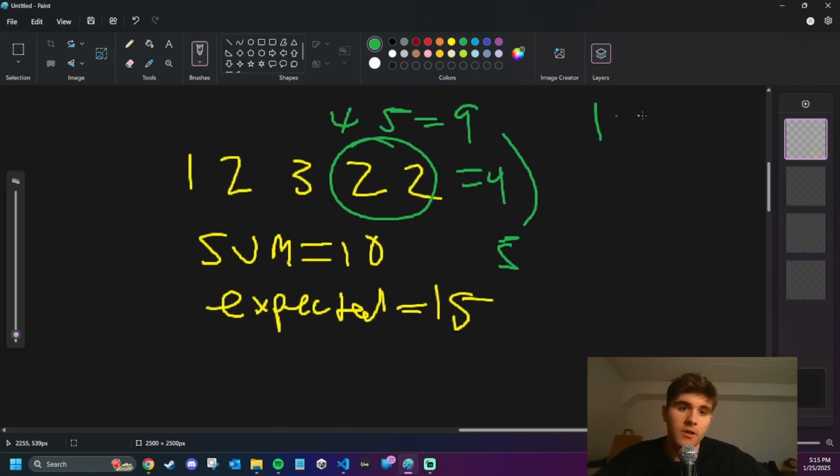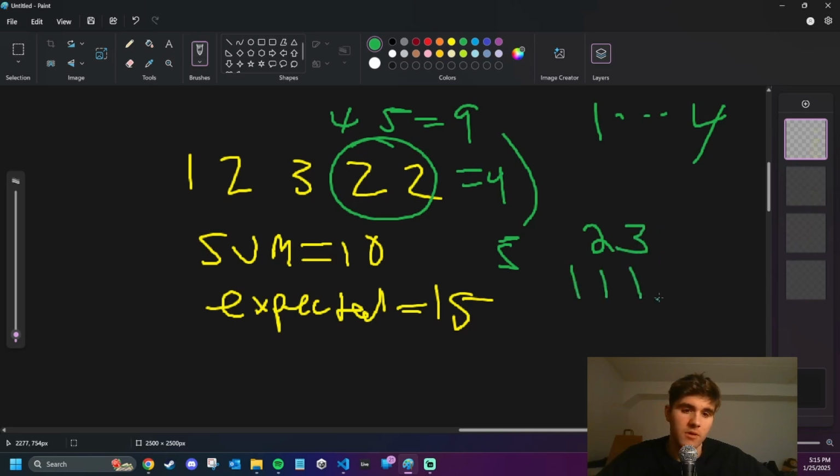So it has to be from 1 to 4. So that would be our n part. So with 1, to get this much difference, 5 difference, we would have to replace a 2 and a 3.